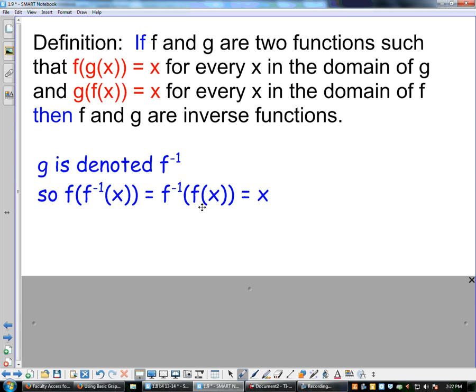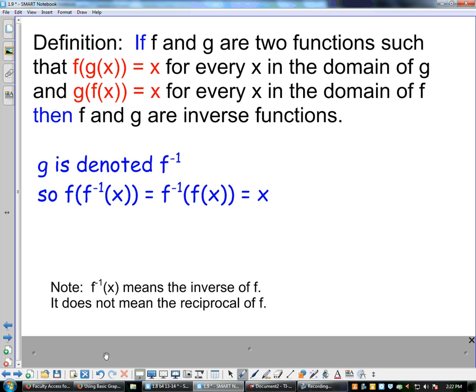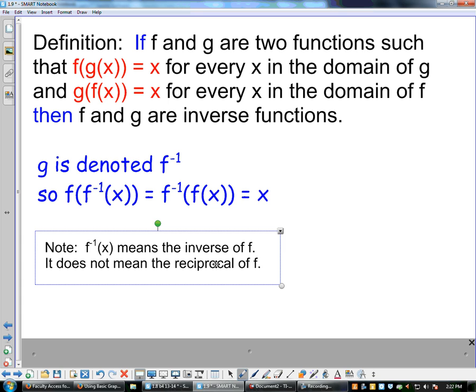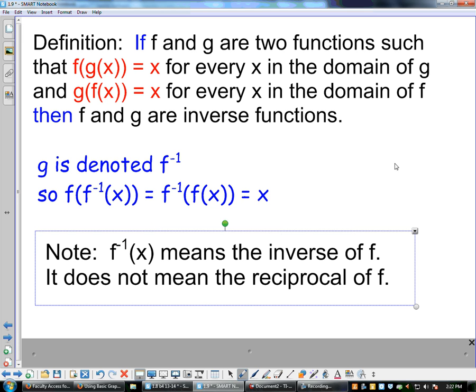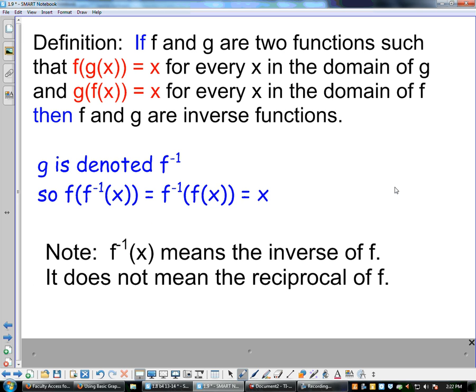All right, and this is what I wrote on the other page. The g function, though, is denoted by f inverse, all right? F of f inverse of x equals f inverse of f of x, which equals x. Note, f with a little negative 1 and x means the inverse of f. It does not mean the reciprocal of f.